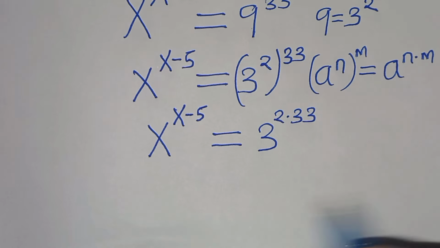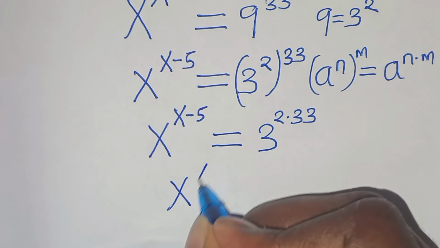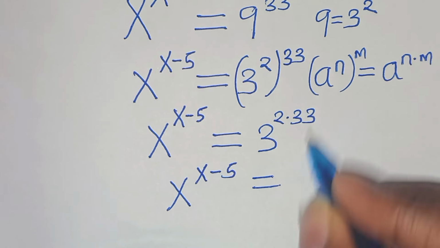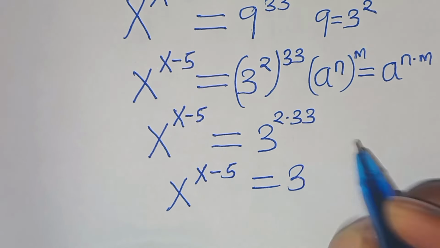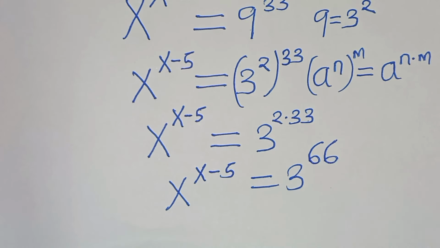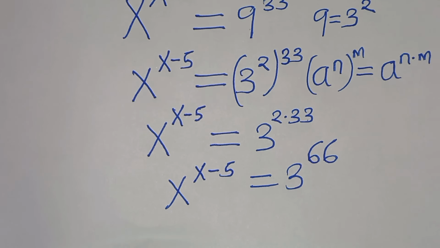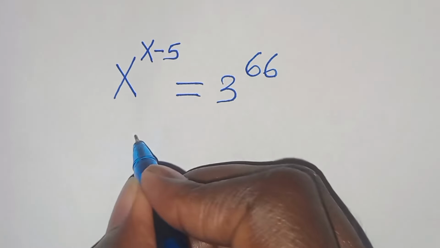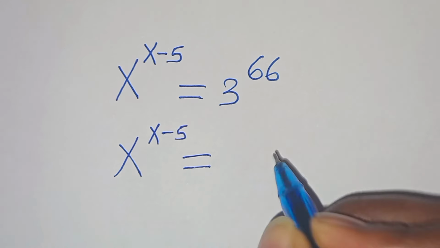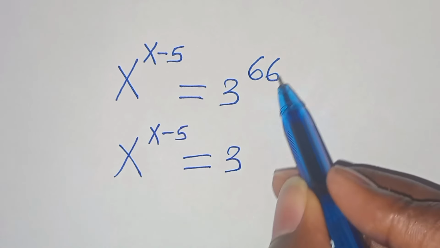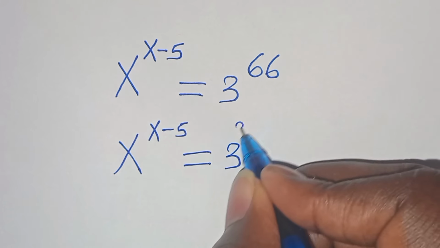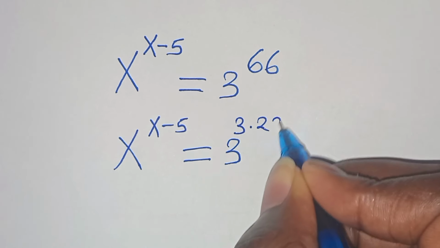So this implies that here we have x to the power of x minus 5. This is equal to 3 to the power of 2 times 33, which is 3 to the power of 66. Now, here we have x to the power of x minus 5 equal to 3 to the power of 66. We can express 66 as 3 multiplied by 22.